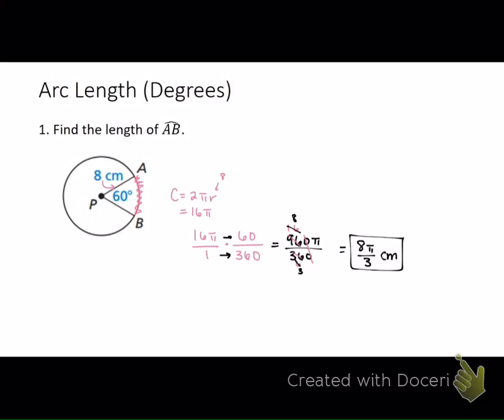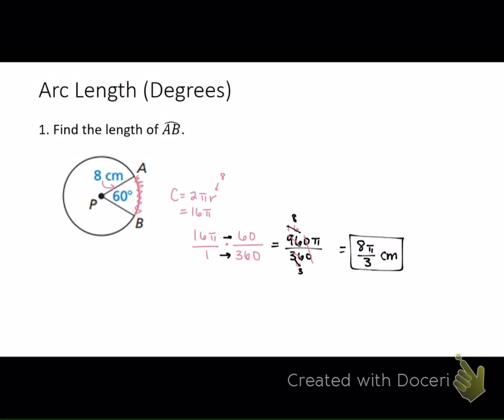So let's talk about what I did there. I said I know that the whole entire circumference is 16 pi. Is anybody confused on how I got the whole entire circumference? Are we all good there? And then I said, well, we're wanting a part of that circumference, and we want 60 degrees of the whole. Well, a whole circle is how many degrees? 360.